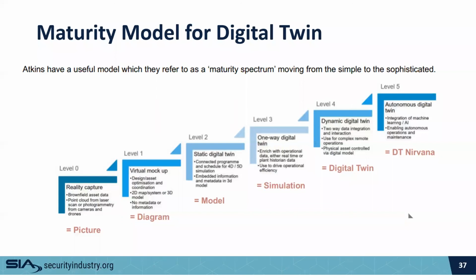So we get into this static, feeding that information manually, to feeding it automatically, to bidirectionally feeding and pulling data between the 3D world and the data threads that we're feeding into it, to potentially an autonomous world where the digital twin is reacting and controlling and changing based on the feeding information in and out.